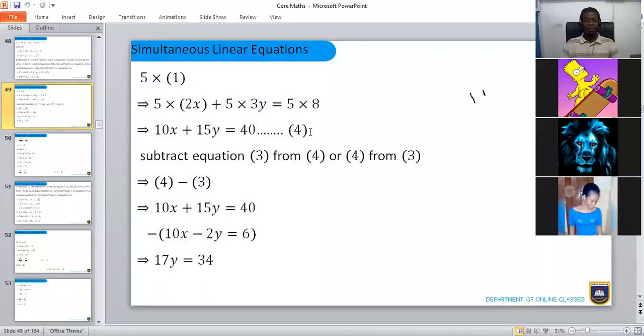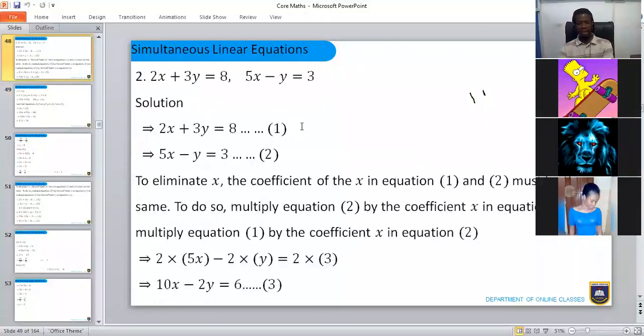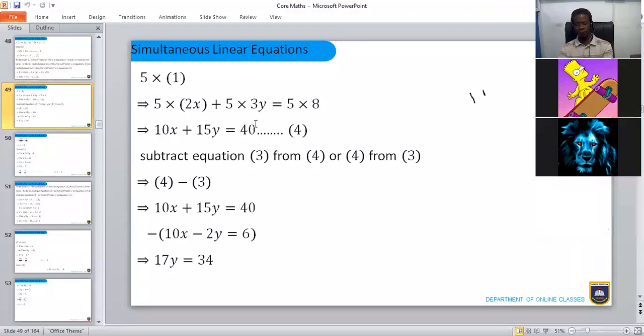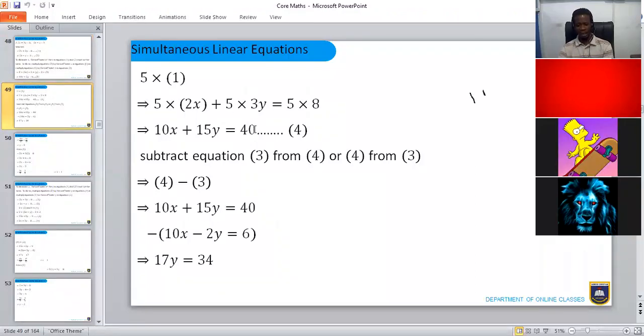Now let us consider equation 3 and 4. Equation 3 is 10x minus 2y equals 6. And equation 4 is 10x plus 15y equals 40. So we are now using equation 4 and equation 3.